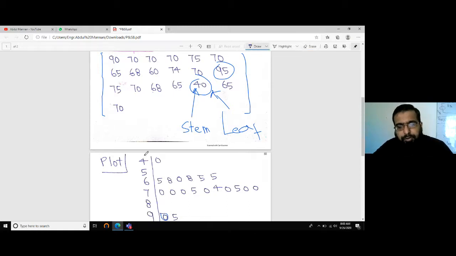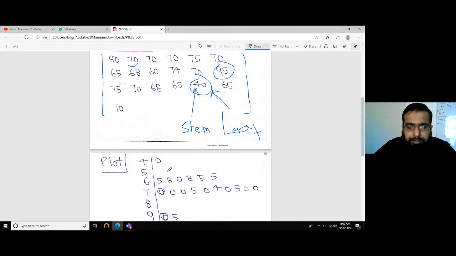We have already written this first column, and we have drawn this vertical line too. In the leaf part, the first entry would be from 90, so we write a 0 here. That is the first entry on the right side of the vertical line. Then we come across 70, so we put a 0 here.